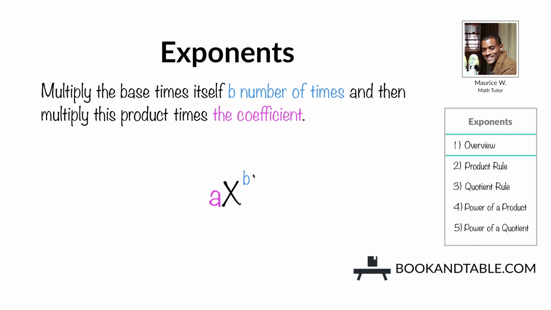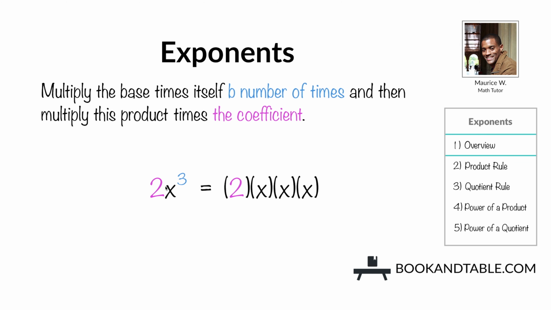The exponent b represents the number of times you would multiply the base, x, times itself. So you multiply the base times itself, b number of times, and then you take that and you multiply it times the coefficient a. So what would this look like with a few numbers involved?